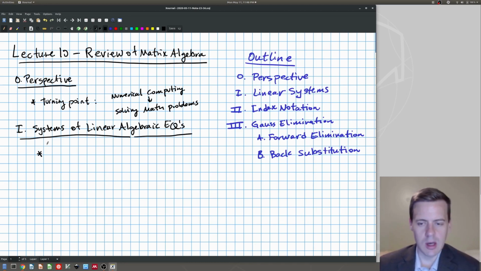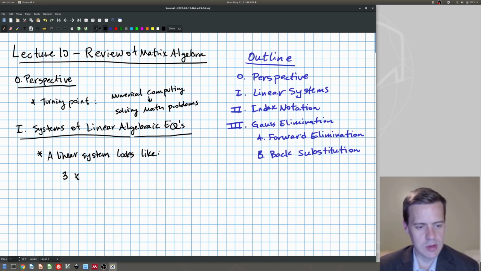So a linear system of algebraic equations looks something like this. This is just an example. So I have 3x0 minus x1 plus x2 is equal to minus 3. And then I have minus x0 plus 2x1 minus x2, and that's equal to 8.